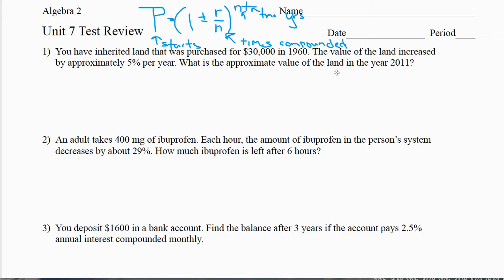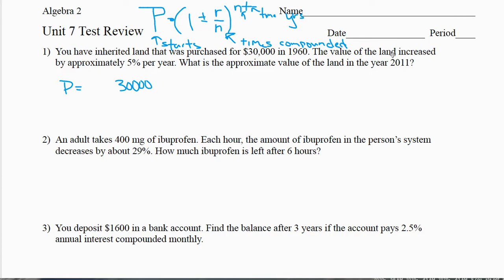So let's look at this in practice. You have inherited land that was purchased for $30,000. That is the P where it starts. So $30,000 is our P. And it was purchased in 1960.